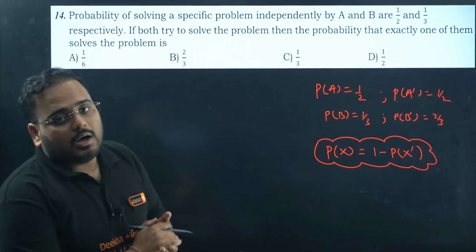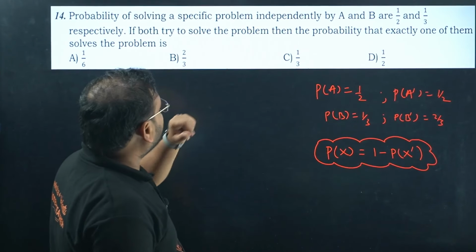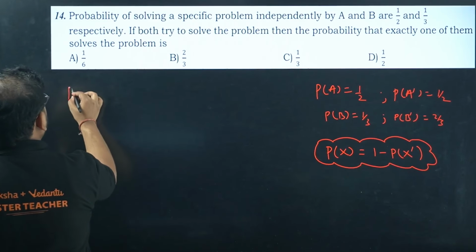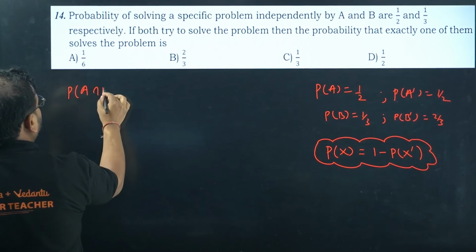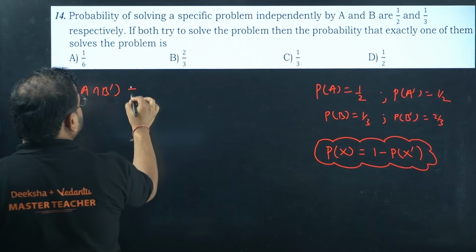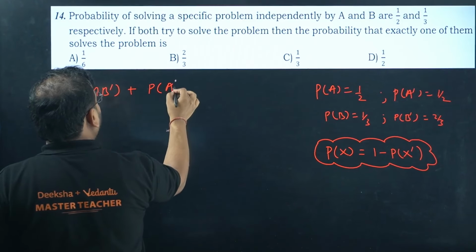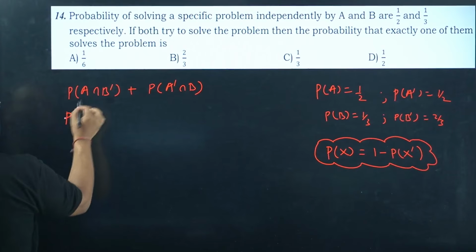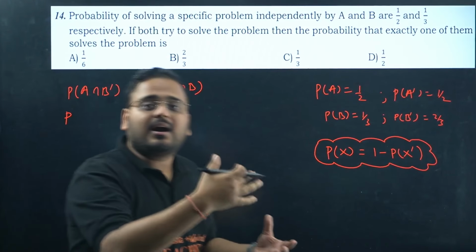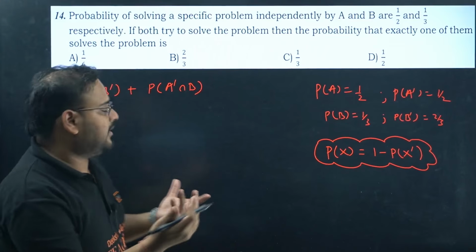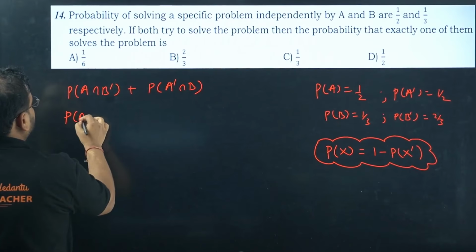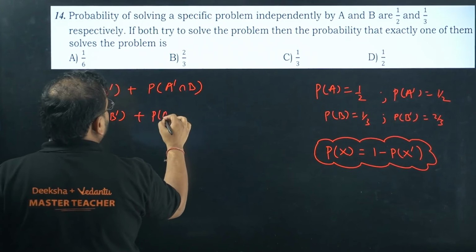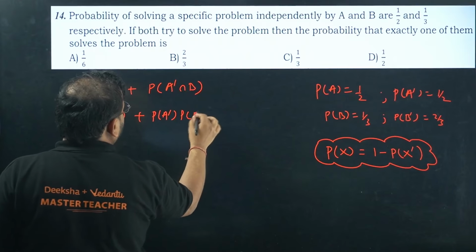Moving on. If both try to solve the problem, then the probability that exactly one of them solves. Means when A solves this, B does not solve, plus when A does not solve it, B should solve. They are both independent, means the occurrence and non-occurrence are both independent. So PA into PB dash and PA dash into PB.